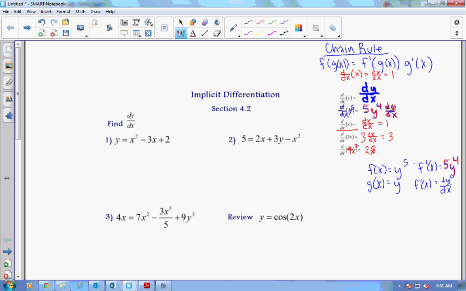I missed the 8. Let's try writing that again. 28x to the dx dx. So we took the derivative of x, that was the variable, with respect to x. So we get dx dx, which is just 28x to the 6th. Okay?